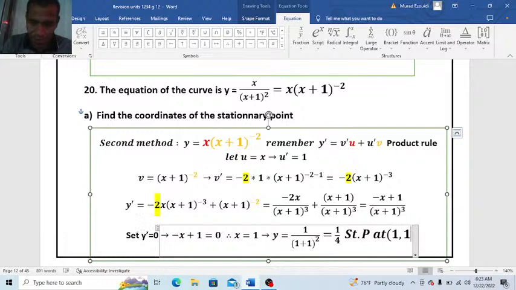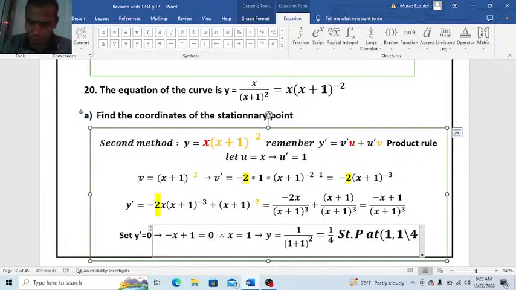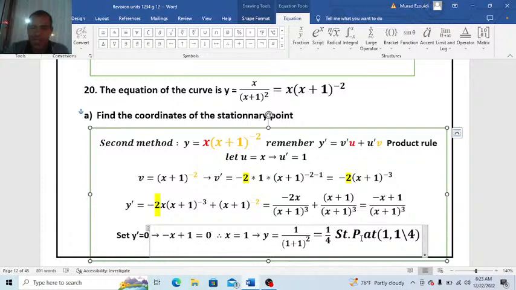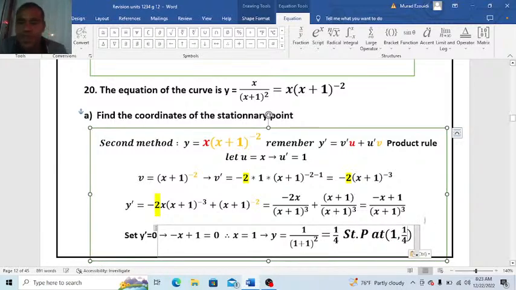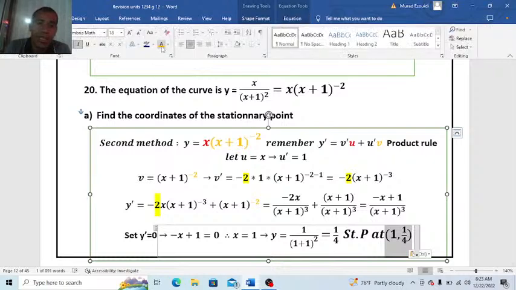Okay, that's it. Clear? We see the stationary point occurs at x equal 1 and y equal 1 over 4.